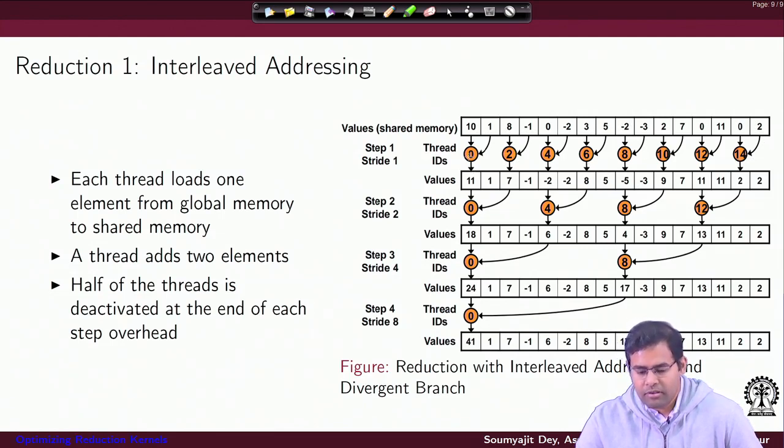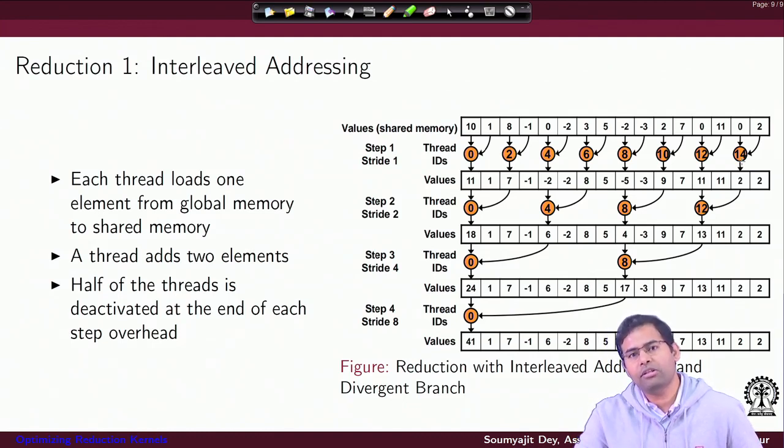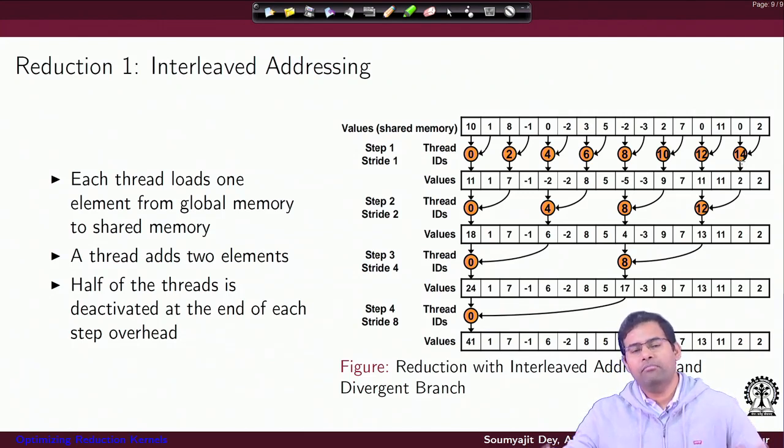The reason is the thread IDs are 0, 2, 4, 6 like that. Had the thread IDs of these threads been 0, 1, 2, 3 like that, then looking into a warp of size 32, I could have said that all the threads are working. So originally there would have been a higher number of threads doing the load, but then inside the warp every thread is working.